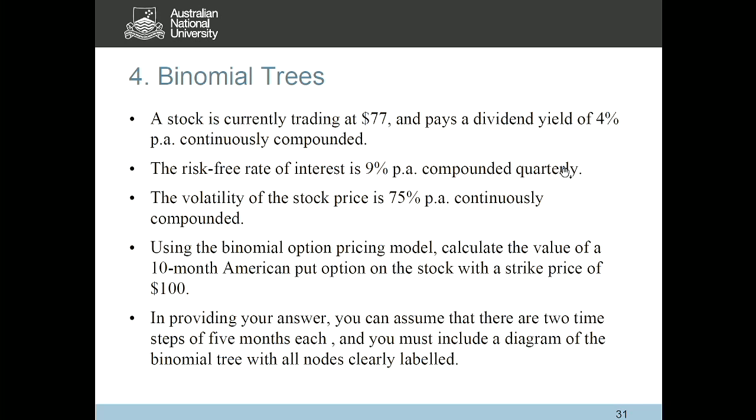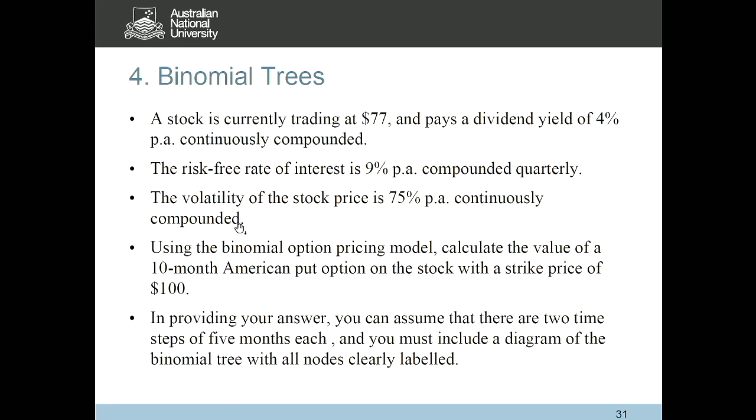Okay, let's have a look at one example and apply that. A stock is currently trading at a price of 77 and pays a dividend yield of 4%, continuously compounded. You're also told the risk-free rate is 9% per annum, compounded quarterly. The volatility for the share price is 75%, continuously compounded.